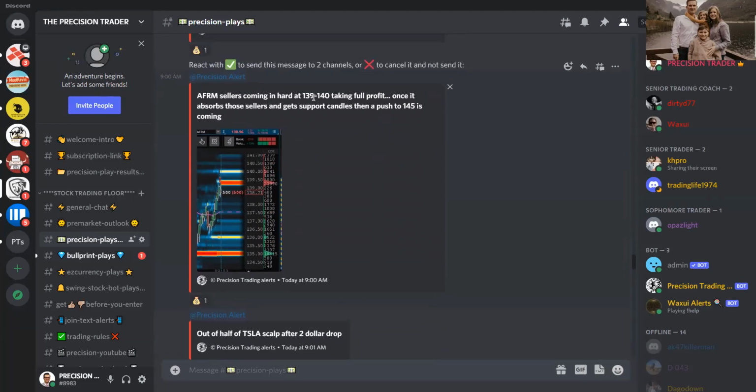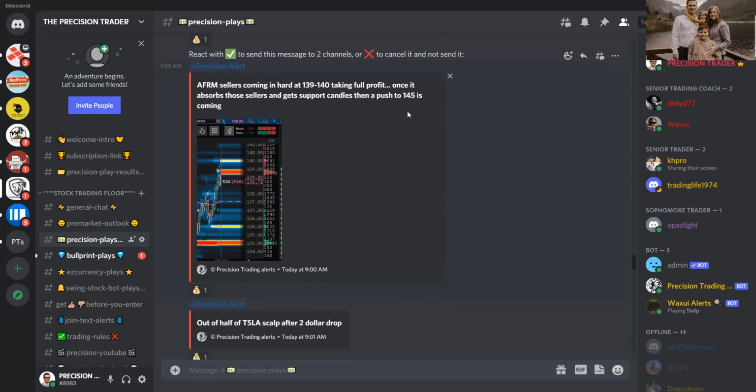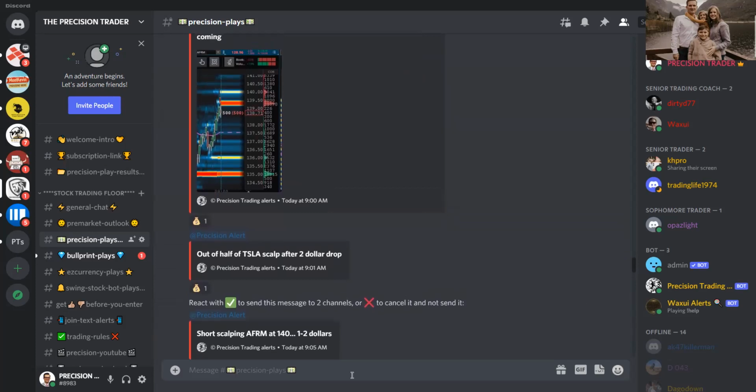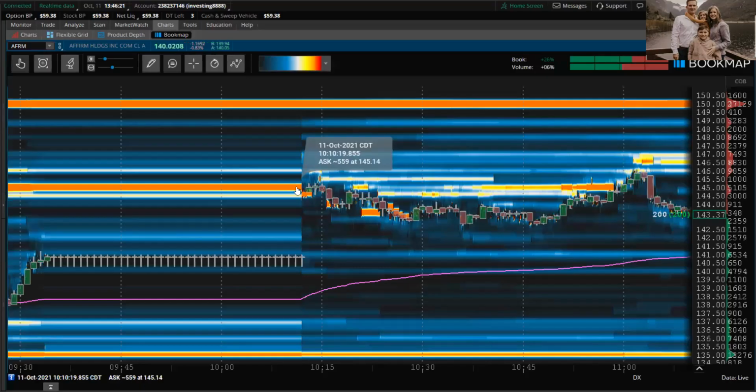Okay, so again, we took profit at 139, 140 on AFRM, but as soon as we could absorb those sellers and get support candles, we were looking for the push to 145. And then ultimately there's an alert a little bit further where we planned on taking profit at that level, and actually shorted it. So really just taking advantage of the market both ways. So with that said, we pushed all the way up to 145.